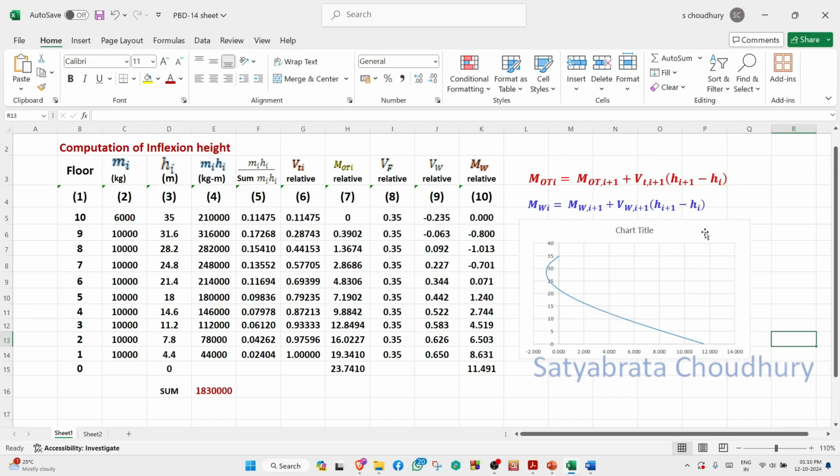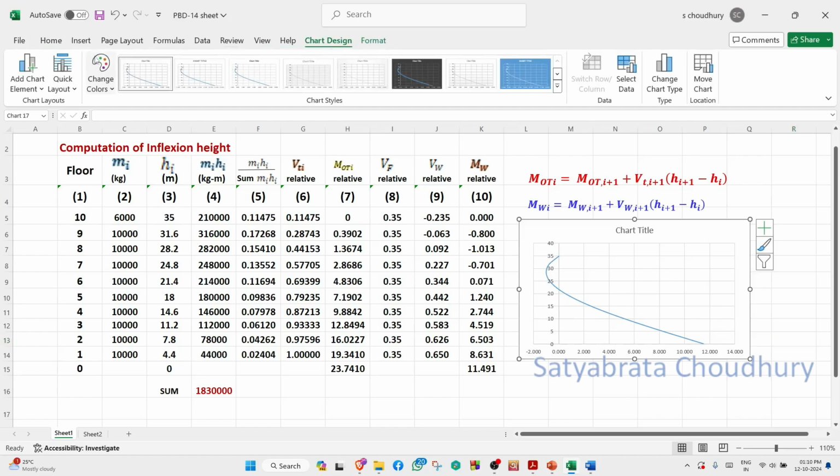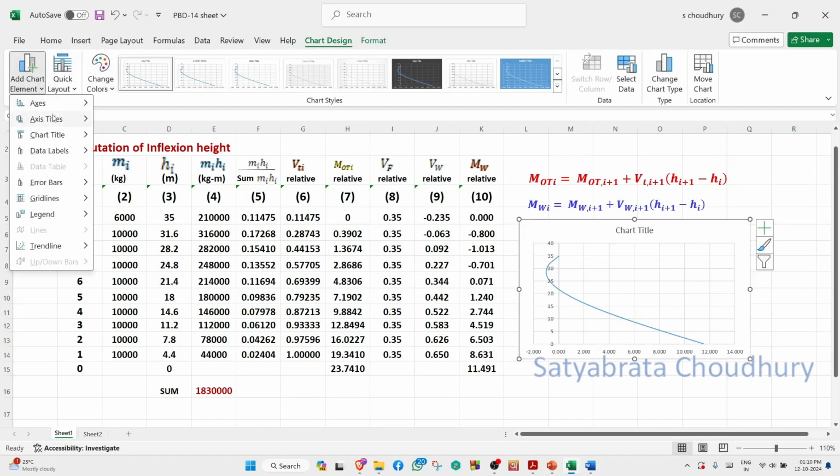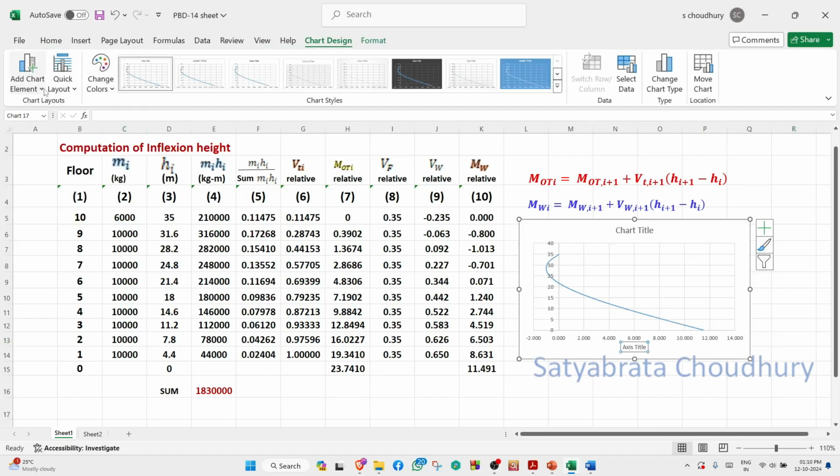So you can put here the axis titles, and what is the axis title here? This axis title is height in meter.